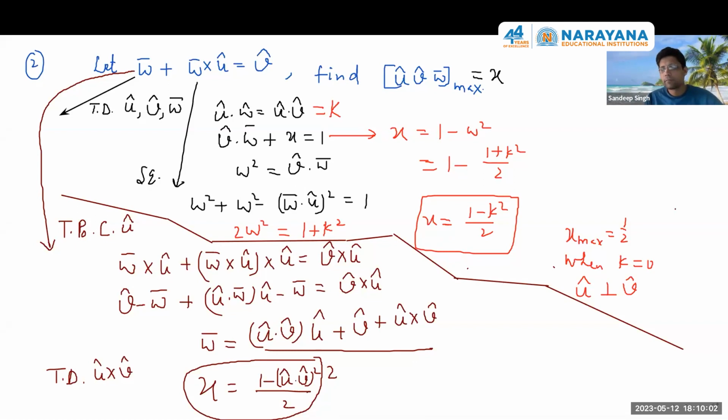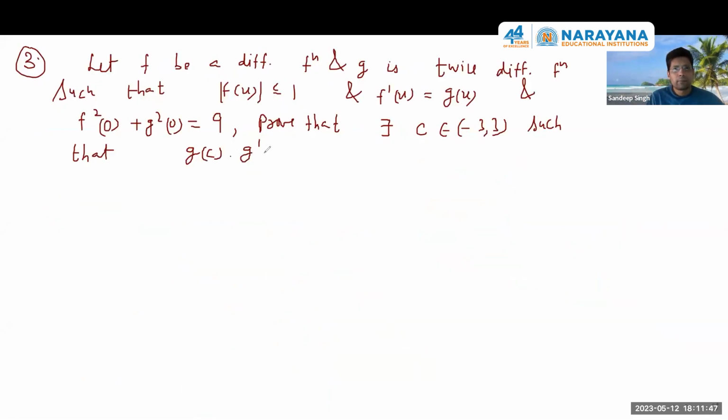Write this. Sir, F dash should be thrice differentiable function. Pardon me? F dash x should be thrice differentiable if that second one is to be applicable. Yes, but they have already given that G is twice differentiable.